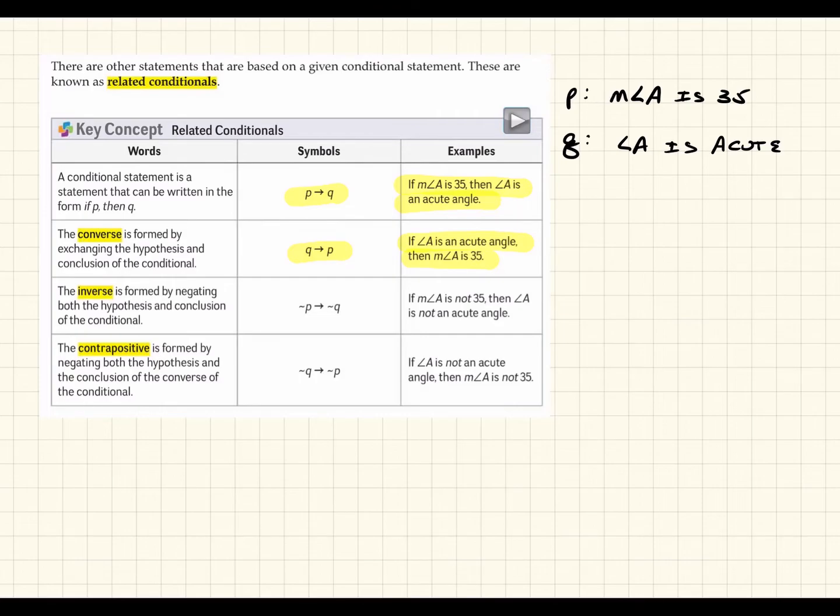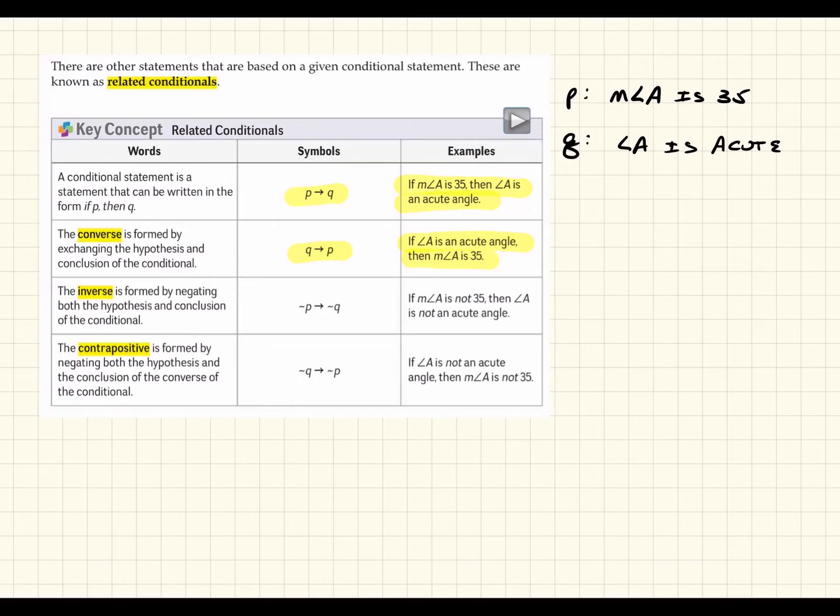We basically switch the conclusion and the hypothesis. So now the hypothesis becomes: if angle A is an acute angle, then the conclusion is the measure of angle A is 35. And then we have to evaluate that, as it goes.